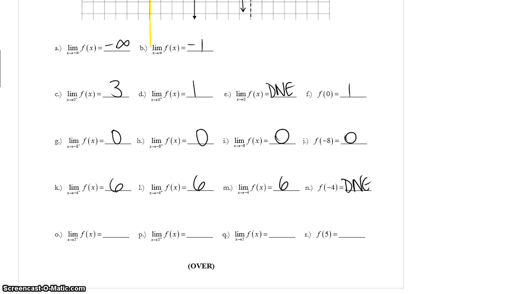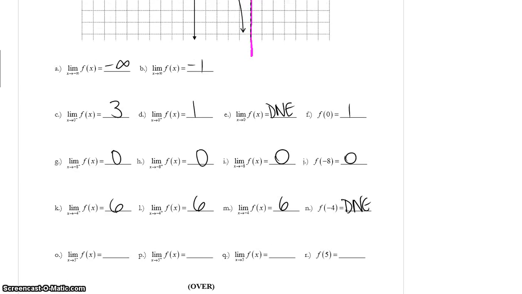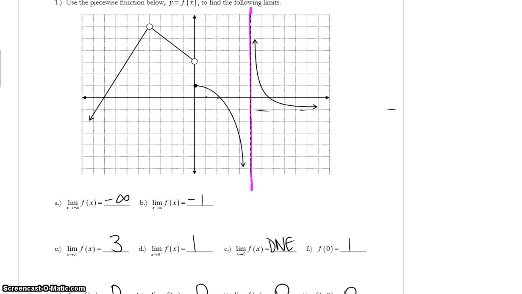Our next one is at 5, so as x approaches 5. So let's find my 5. We got 1, 2, 3, 4, 5. So here's 5. The limit as x approaches 5 from the left approaches negative infinity.